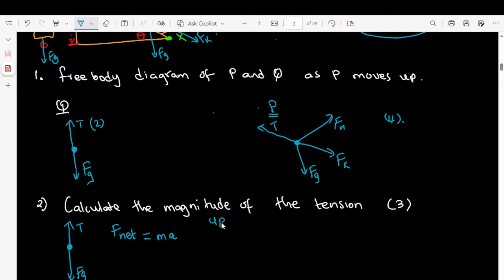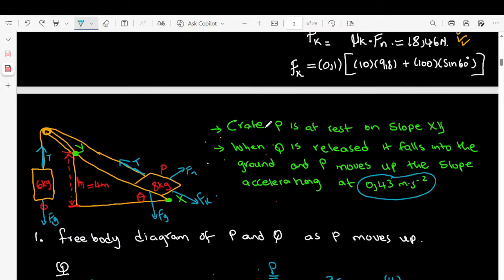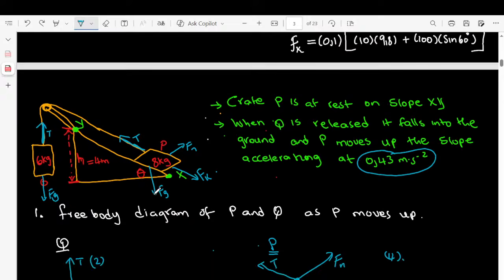I'm going to take up as positive. Okay, no, let's not take up as positive. Let's see, where will the block Q go? It will go down. I always like to choose the direction of the motion as positive. When Q is released, it falls to the ground, so it will go down.